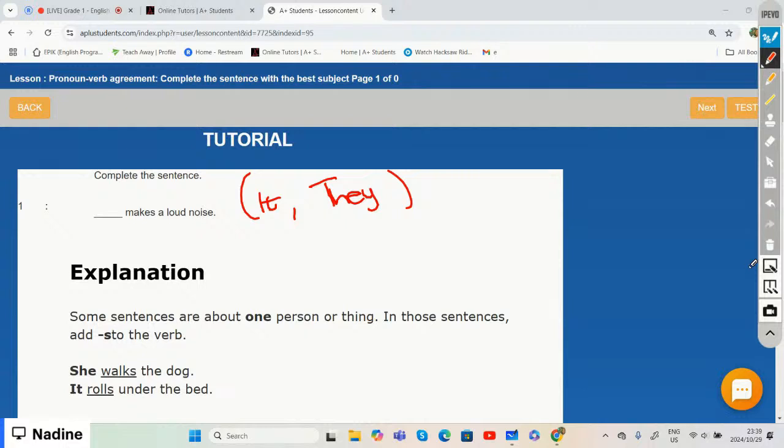If we were to choose the correct option, we would say that it makes a loud noise.